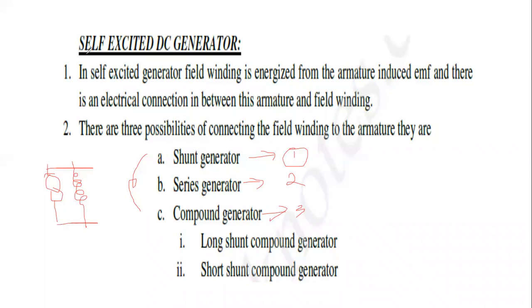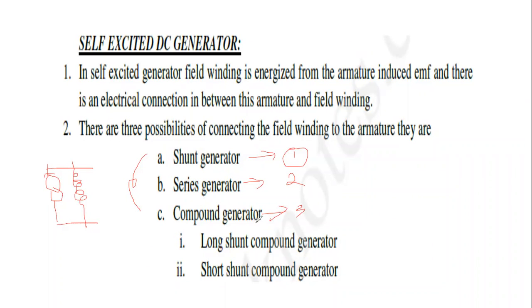First of all, what is meant by self-excited? Self-excitation means the generator is excited by itself only. According to the connection of the field winding, the self-excited DC generators are classified into three types: shunt, series and compound generator.